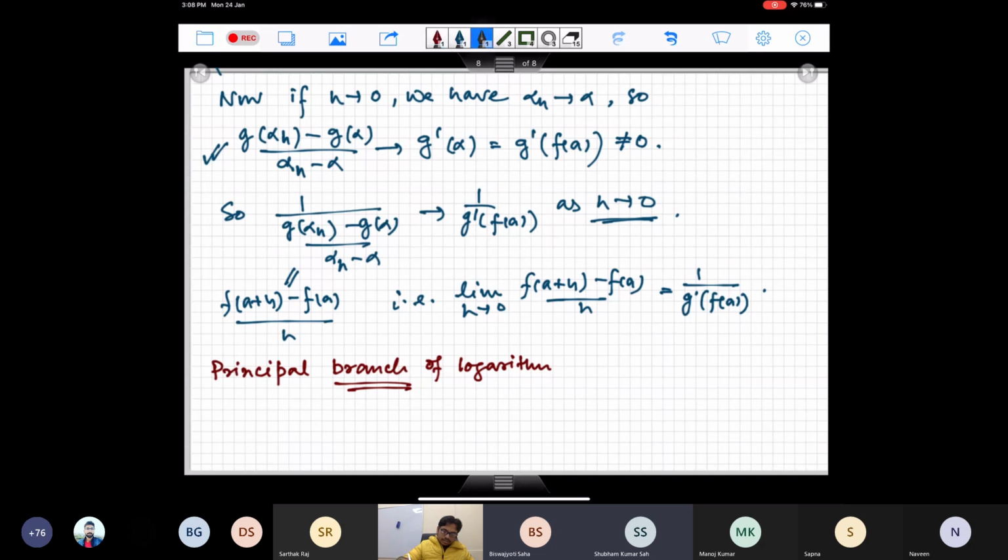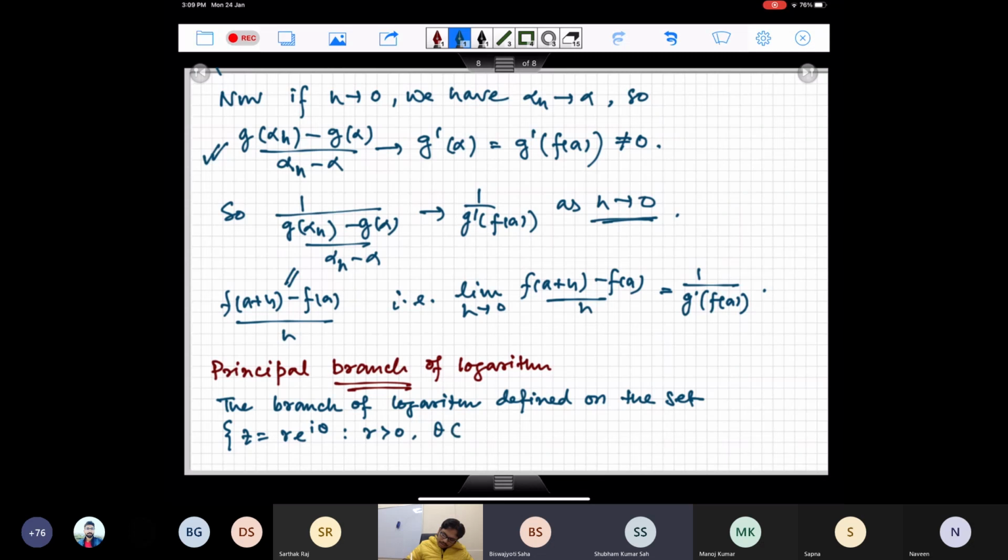The logarithm, which as I said is going to use the principal argument, is going to be defined on the set of all complex numbers minus the negative real axis including 0. So the branch of logarithm defined on the set z equal to r e power i theta such that r is positive, theta between minus pi and plus pi, open.